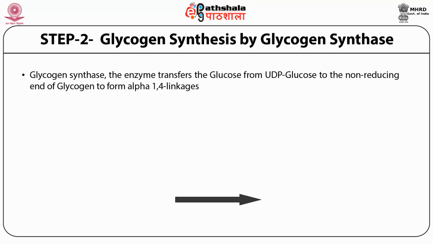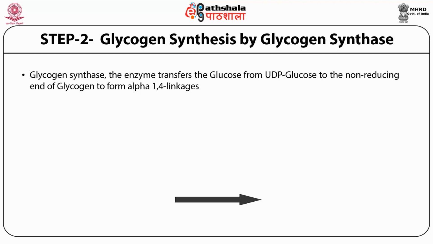It is transferred to the hydroxyl group at the C4 terminus of glycogen to form an alpha 1,4 glycosidic bond. This reaction is catalyzed by glycogen synthase. It is the key regulatory enzyme in glycogen synthesis.